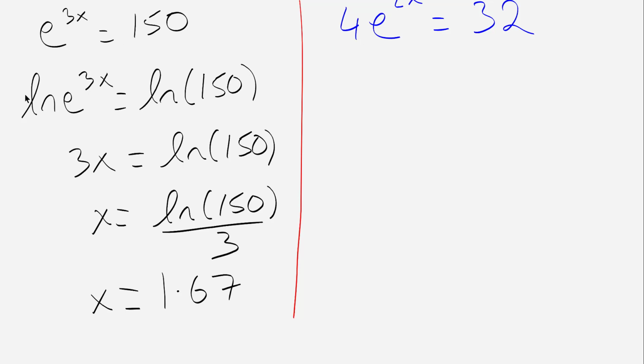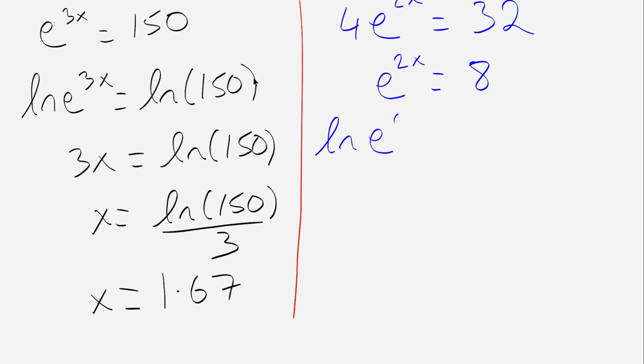In order for our log and our e to cancel here, we need to have the natural log of just e, not the natural log of 4e or the natural log of 5e. So first of all, we're going to divide both sides by 4. Dividing both sides by 4, we'll have e to the power of 2x is equal to 8. And now we can take the natural log of both sides.